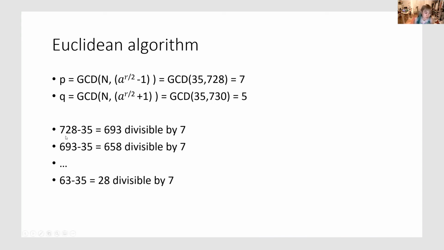The pattern you will see is that if you keep subtracting the smaller number from the larger one, you would find numbers that are also divisible by the same common divisor. That's how you can eventually get to a very small number that you would know is divisible by 7. So all of these are commonly done.